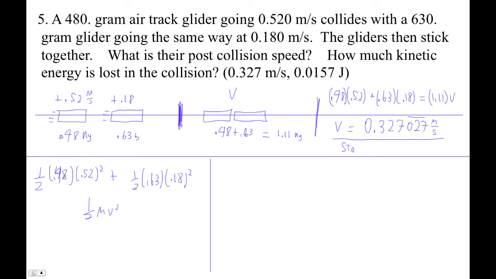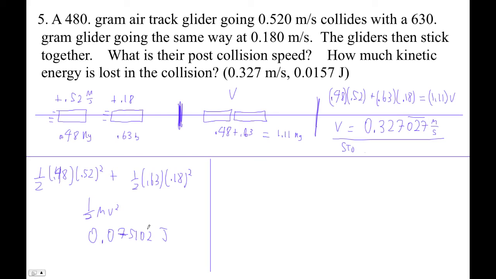So our total energy before is 0.5 times 0.48 times 0.52 squared plus 0.5 times 0.63 times 0.18 squared, which is 0.075102 joules. Don't round this thing, okay? You throw the baby out with the bathwater. It's terrible, right? Baby doesn't like it, you don't like it.